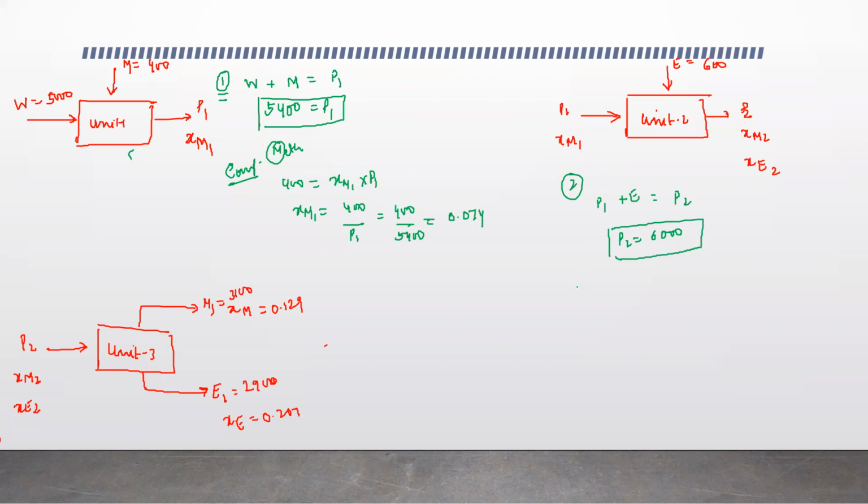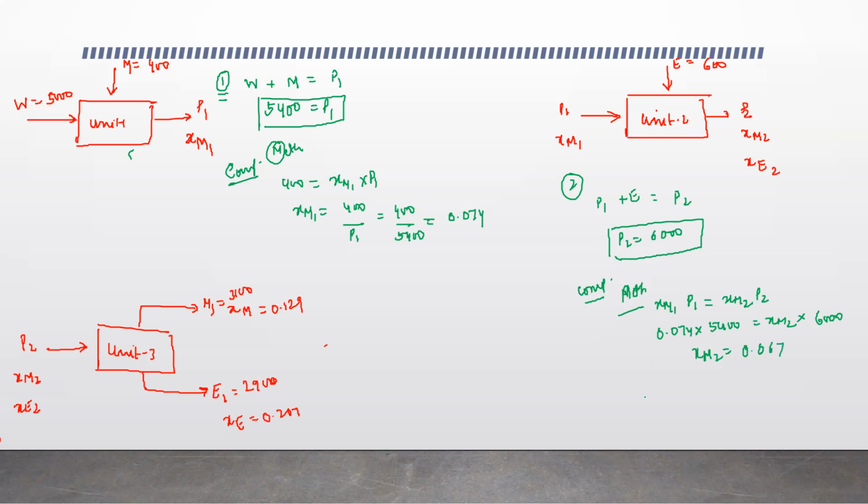Then I'm going to do the component balance. Now there are two components here. The first component is methanol. So the methanol balance is xm1 p1 is equal to xm2 p2. So xm1 is 0.074, p1 is 5400, and p2 is 6000. From here you get xm2 equal to 0.067.